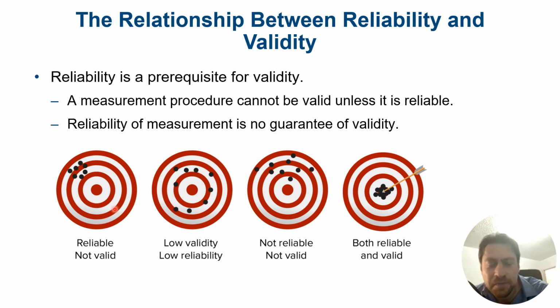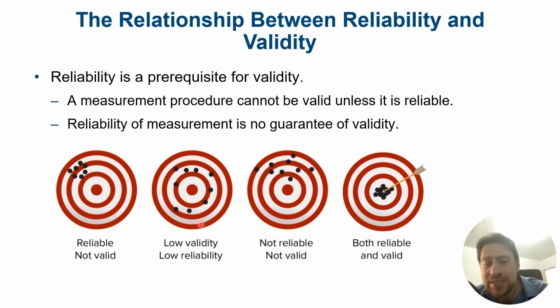The bullseye, the target, would be something that is valid, and the distribution of shots, in this case, not measurements, would correspond to reliability. So here's an example of something that's reliable: you have all of the shots clustered together, but not valid. It's off target. So, reliable, but not valid.